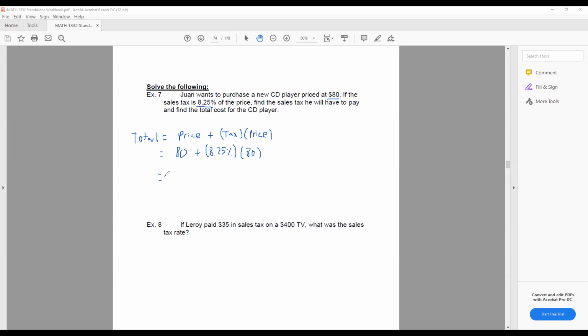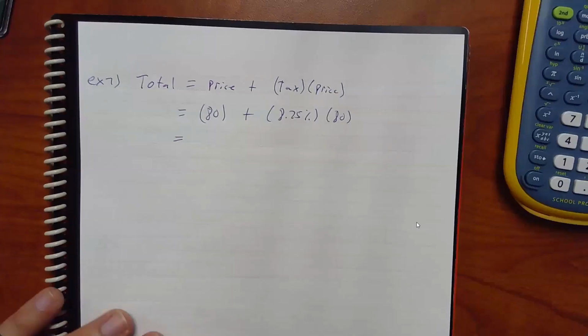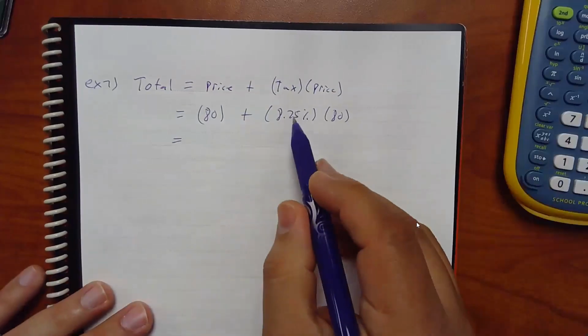I'll write it down on paper here. Total is equal to the price plus tax times price, which is going to be $80 plus 8.25% times 80. 8.25 needs to be changed to a decimal though.